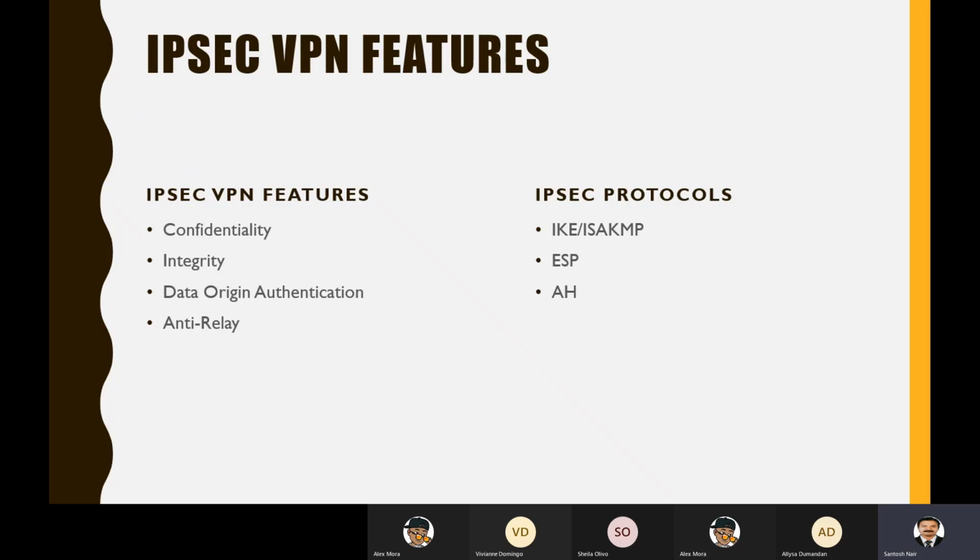And then we have anti-replay. Suppose for some reason the data is captured and compromised. If the hacker knows the encryption algorithm and knows how to modify the data without compromising the hashing also, it is very hard to do, but even if it is possible, it will take a lot of time.